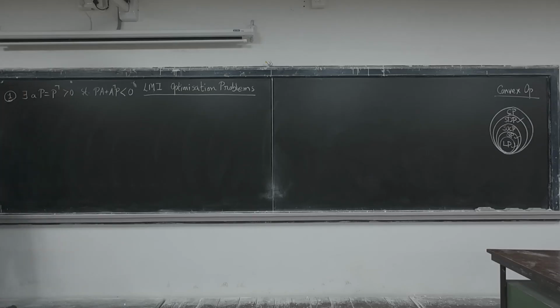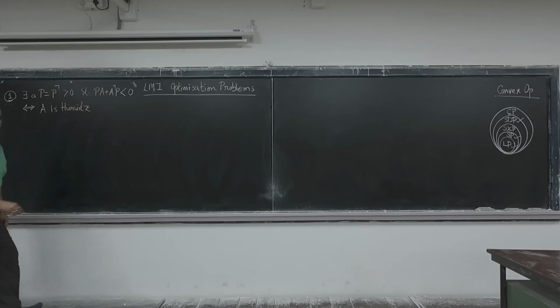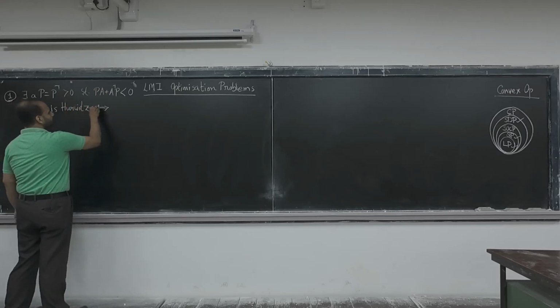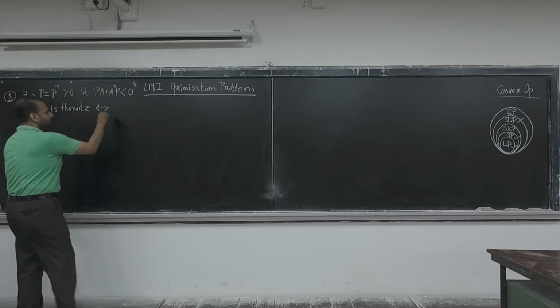Actually, I should have written that at the beginning, that this is for linear time invariant system, right? So this is if and only if A is Hurwitz. In other words, the system is asymptotically stable, right?